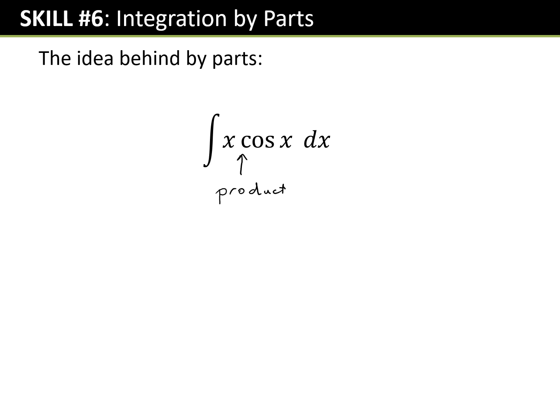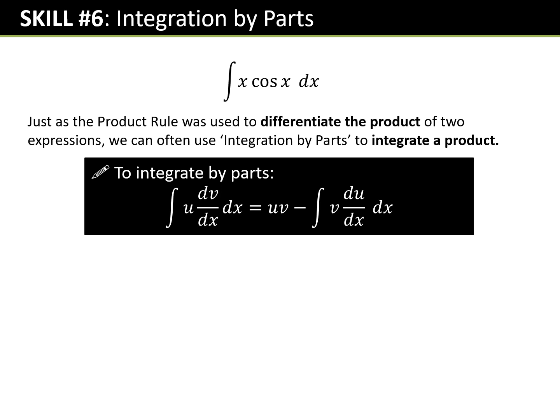Now, integration by parts is simple in the sense that you're given a formula, this one. This formula is the one you use. If you look at what you're given here, the integral of u dv by dx, dx.